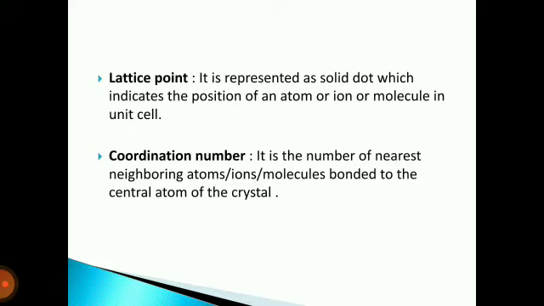There are 2 other terms associated with crystal lattices, that is lattice point and coordination number. What is a lattice point? It is represented as a solid dot which indicates the position of an atom, ion, or molecule in a unit cell.